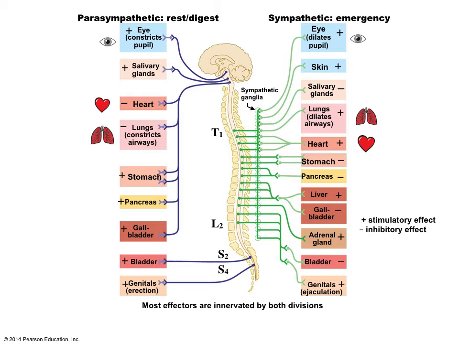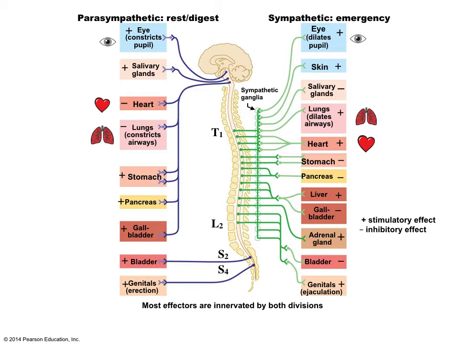Now, these effectors get dual innervation, so they always have input from both divisions. That is to say that in no case is any effector completely in sympathetic or parasympathetic mode. There's always a balance between the two. This slide also shows the difference in the way in which these effectors are innervated.